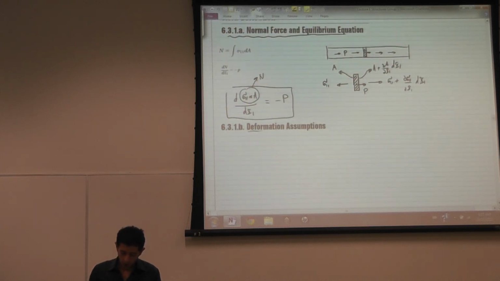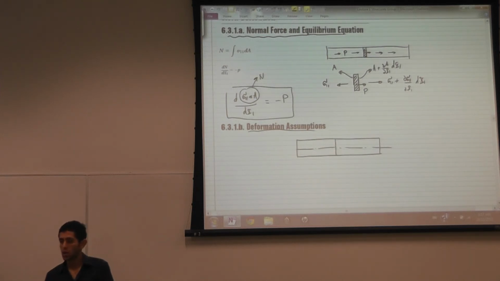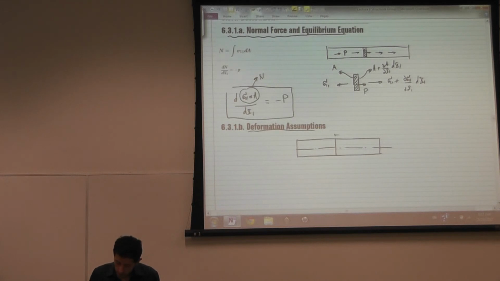The deformation assumption: plane sections remain plane and perpendicular. So any plane, I assume it just moved as a whole, horizontally, by a distance u1 of x.